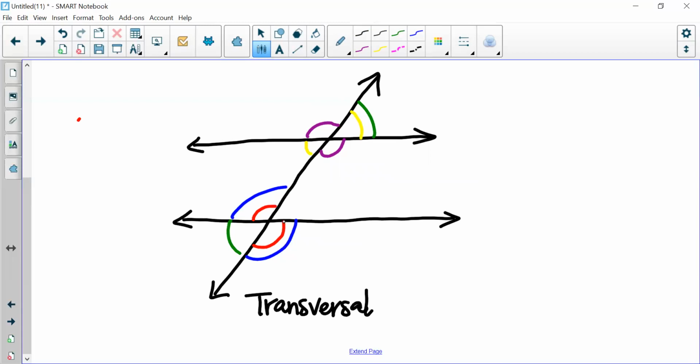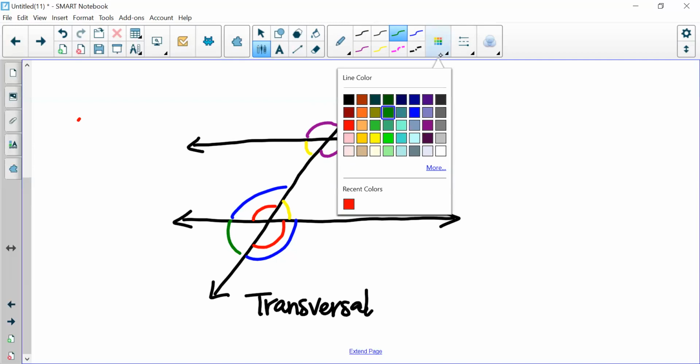Kind of color code, but okay. Uh-oh, somebody dropped something.